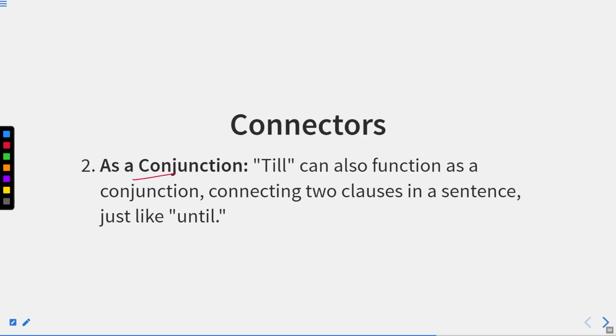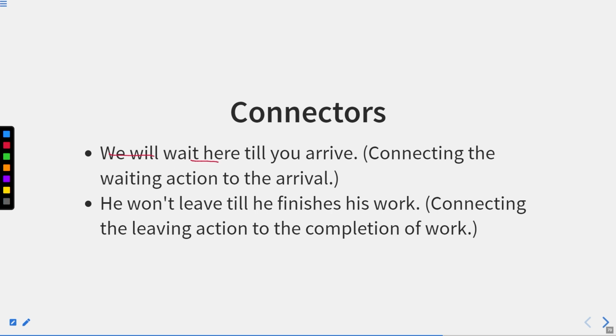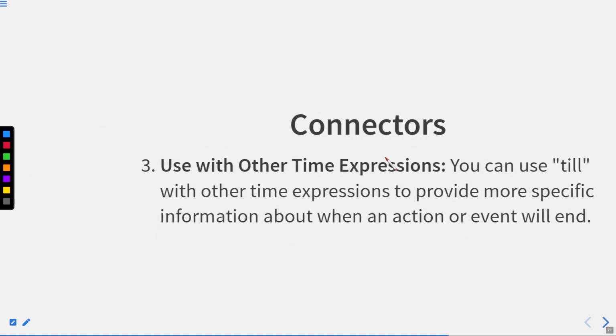Okay. As a conjunction, till can also function as a conjunction connecting two clauses in a sentence, just like until. We wait here till you arrive. So connecting the waiting action to the arrival. He won't leave till he finishes his work, connecting the leaving action to the completion of work.